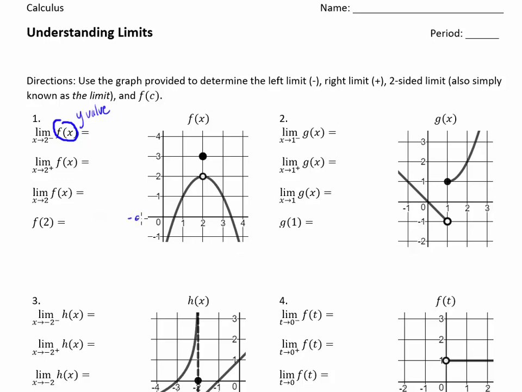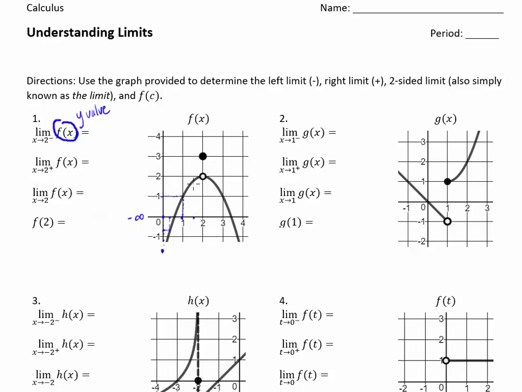So from negative infinity, as we approach from the left towards 2, what is our y value getting closer to? For example, let's say our x value is about 0. Then our y value is going to be somewhere down here. What if our x value is just a little bit further this way? Then our y value is about 0.6-ish. What if our x value is 1? Then our y value is going to be 1.